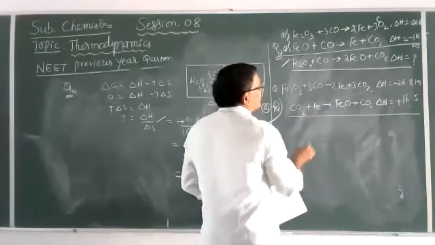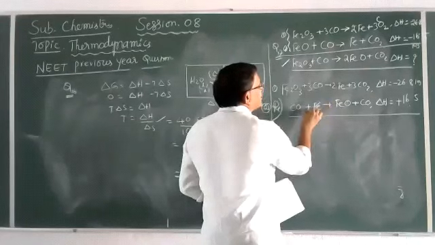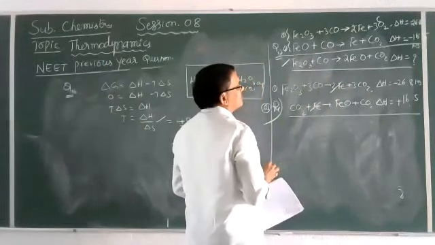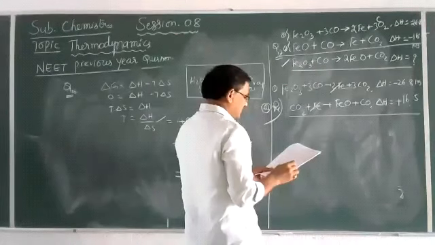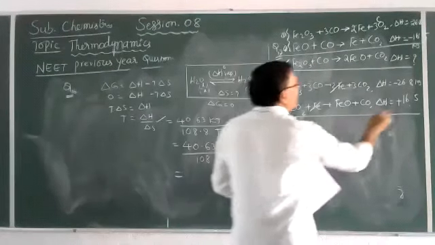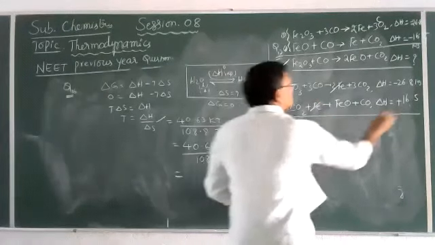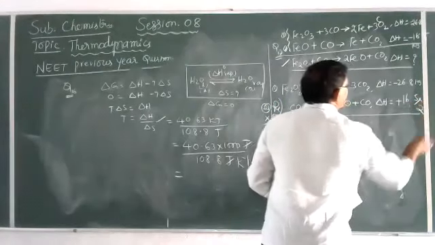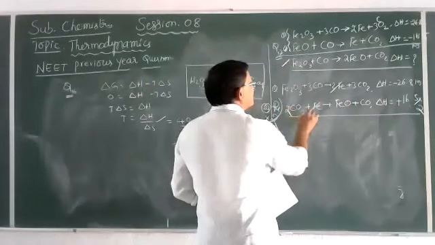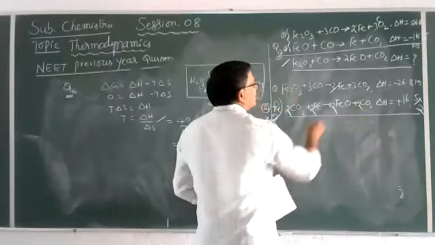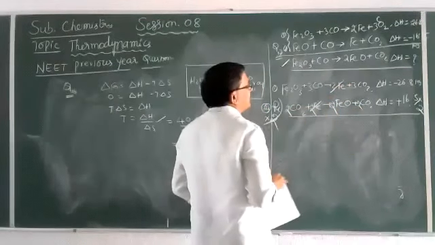See here, one Fe is there, here two Fe's are there, so balance the Fe. Sorry, reverse and multiply with 2. This value also is multiplied by 2. Here 2 CO2, 2 Fe, 2 FeO, and 2 CO. 2 Fe and 2 Fe get cancelled.